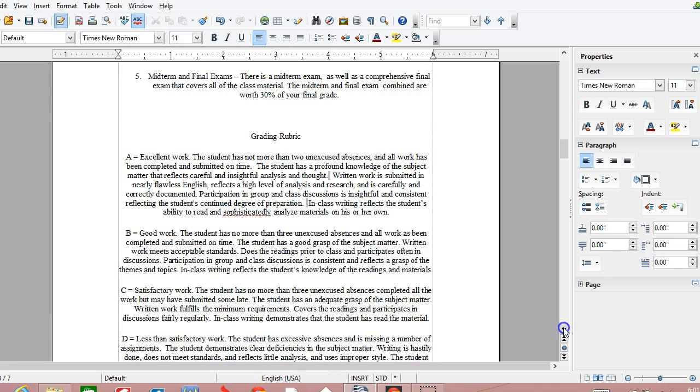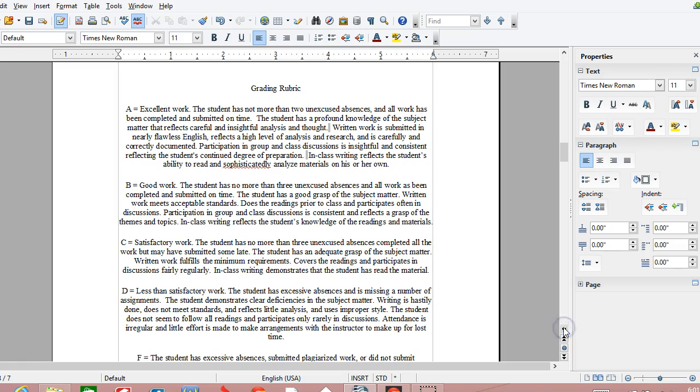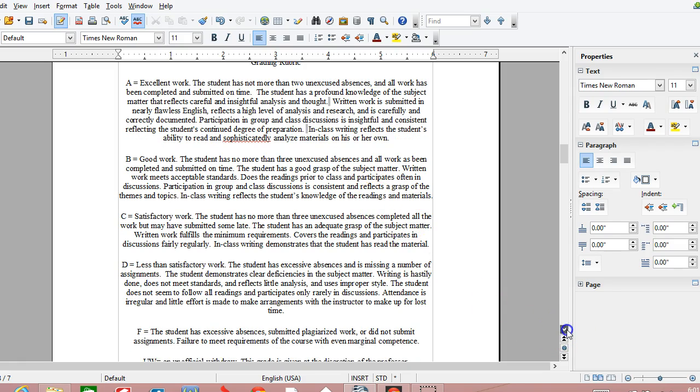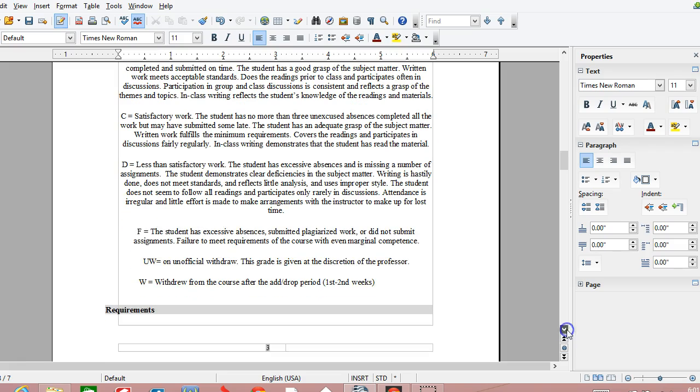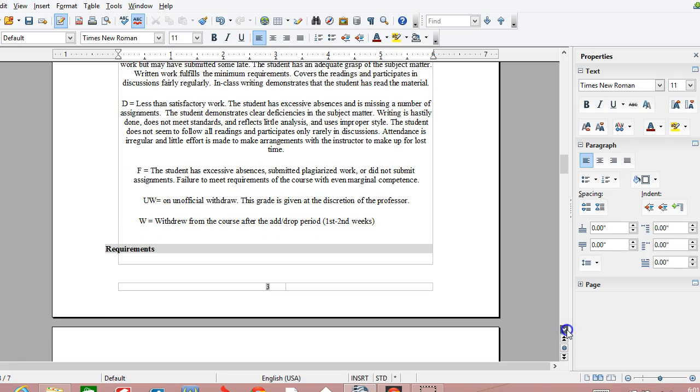Grading rubric, which you should be more or less familiar with. I'm not going to read through it. You know what an A is. Unexcused absences, in this case, obviously mean you don't do the work for that week, or you don't log into the discussion board for that week. You know what a B is, you know what a C is, you know what a D is, and of course you know what an F is.